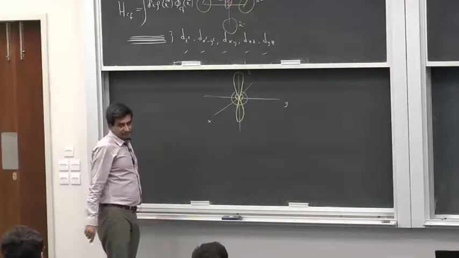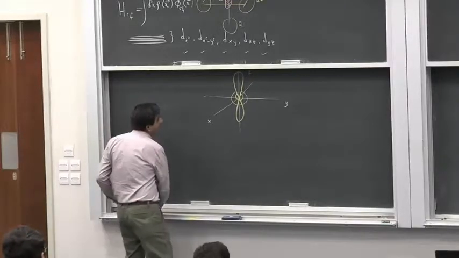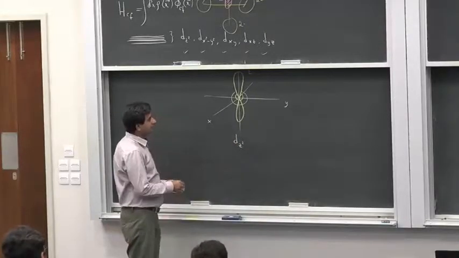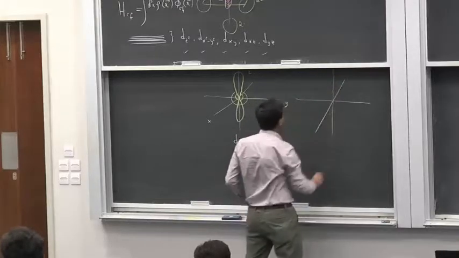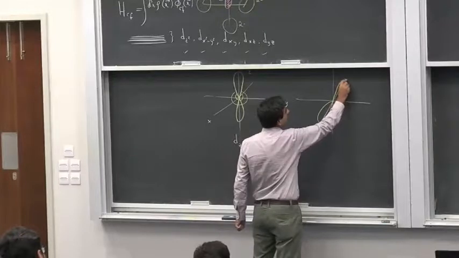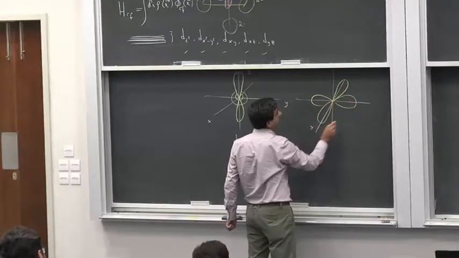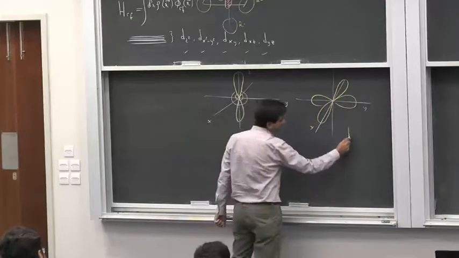Likewise, I have the dxy orbital. The dxy orbital has the lobes on the x and the y axis.